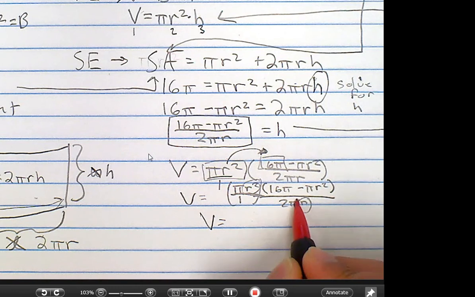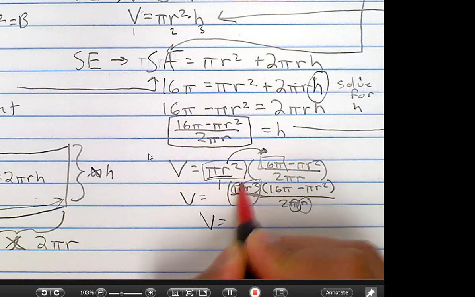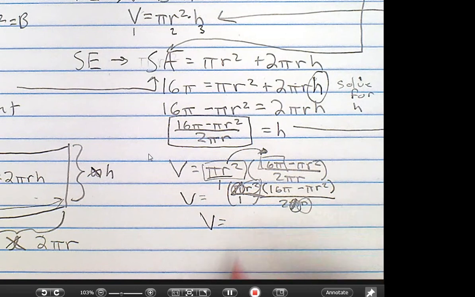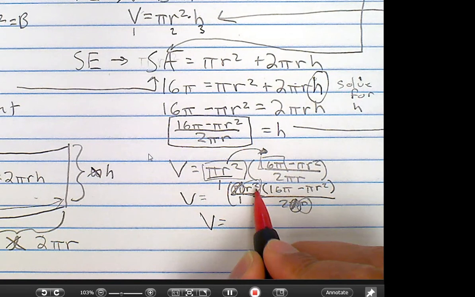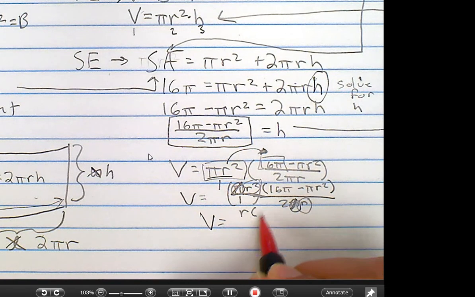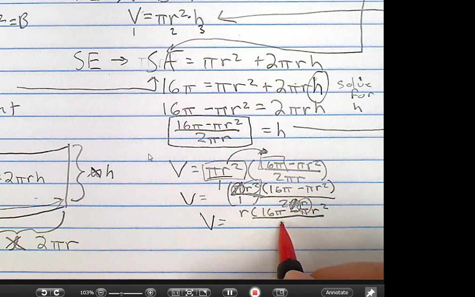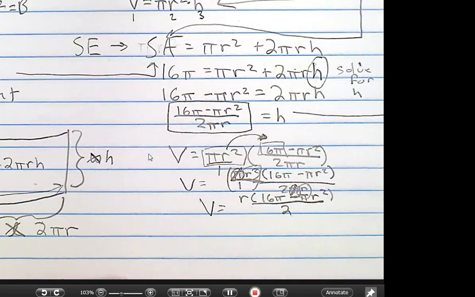This pi and this pi, they would both go away completely. Alright, so now we're just having an r times 16 pi minus pi r squared all over 2. Alright, we cool with that? So let's just distribute now.